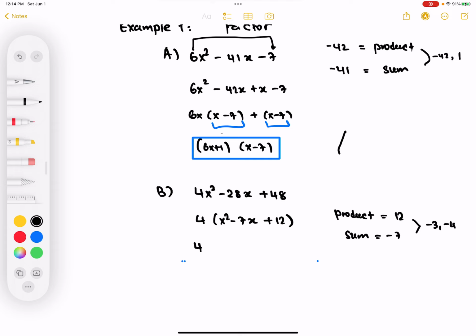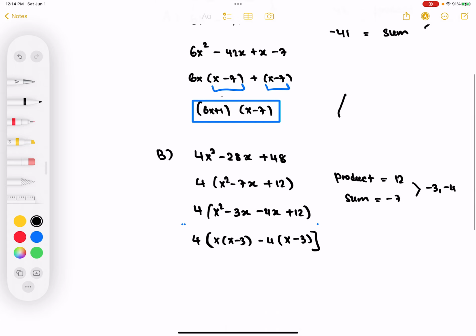Then I can write x squared minus 3x minus 4x plus 12. 4 is out, so the common factor is x minus 3. For the second one, negative 4 is common and x minus 3.